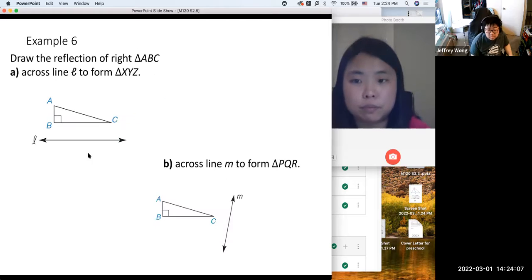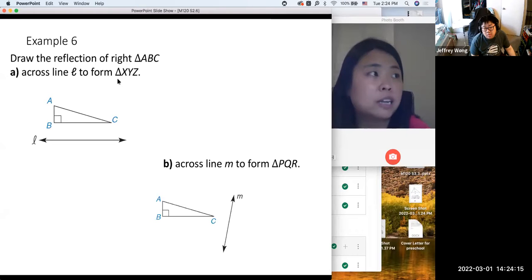Okay, example 6. I want you guys to try to draw the reflection of the triangle ABC. Make sure you match the corresponding letters. Okay, we'll reflect over the line L here. So draw the triangle here, XYZ. Same idea for this one. Draw the triangle with the PQR.